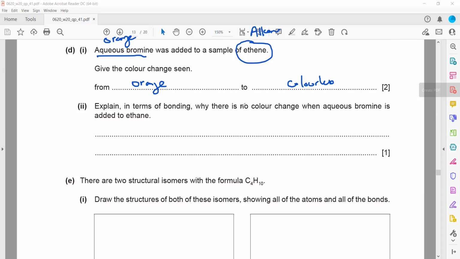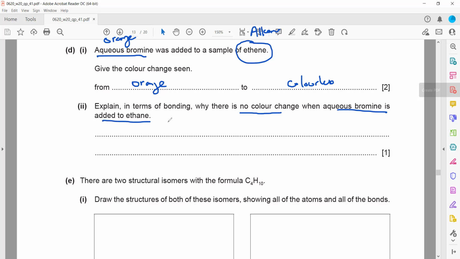Explain in terms of bonding why there is no color change when aqueous bromine is added to ethane. So for example, if we have ethane, not ethene, if we have ethane or an alkane, and when we add bromine, we find there is no color change. So what is the reason why there is no color change when ethane is there?